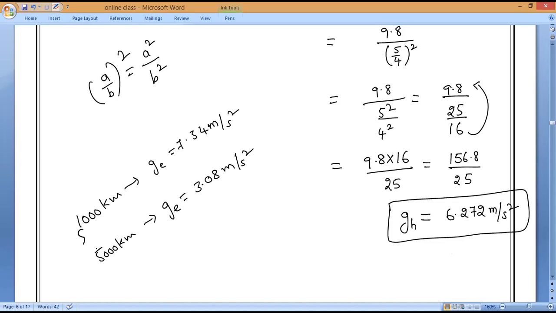So in between, for 1600 kilometers, what is the g value? 6.272 meter per second square. So is it between or not? Yes, sir.